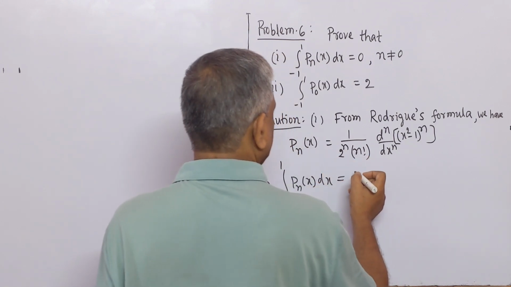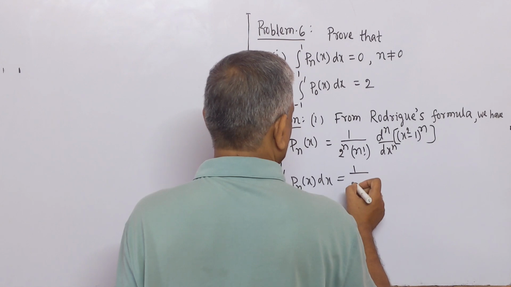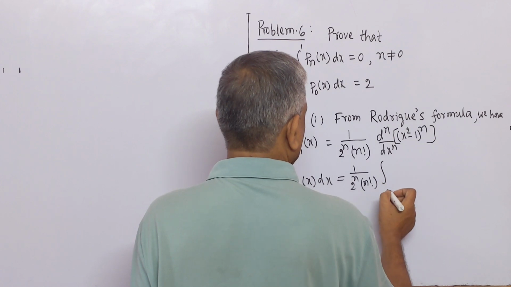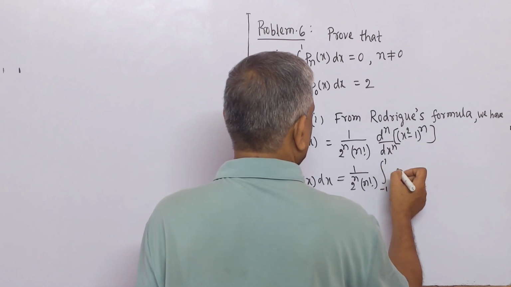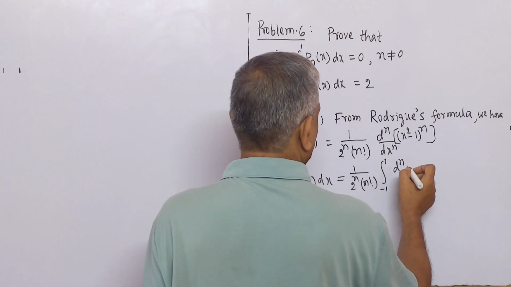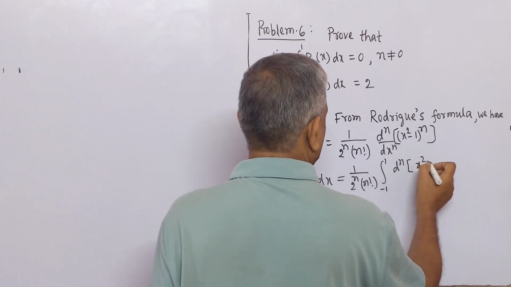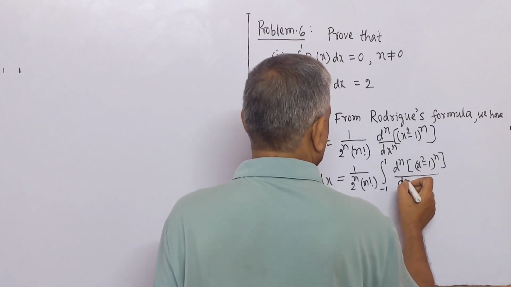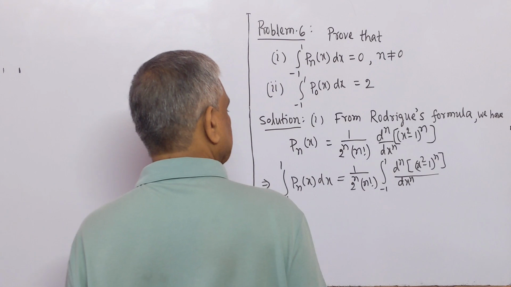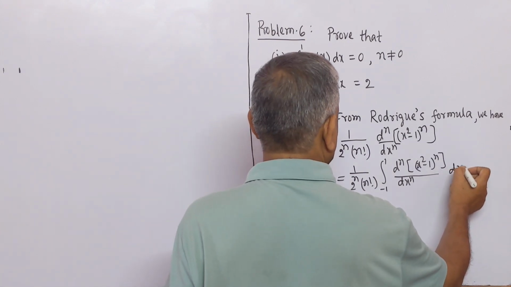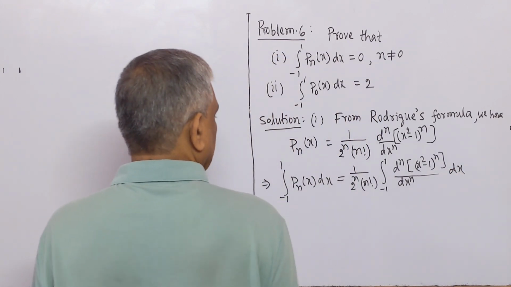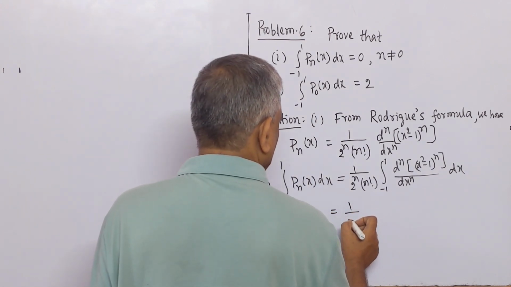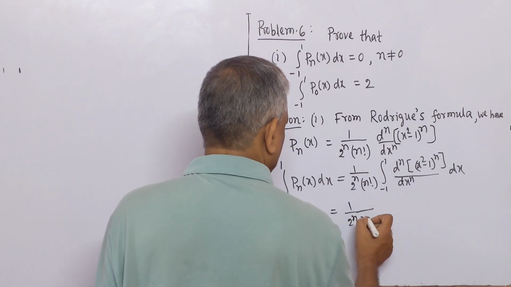We take this outside, 1 by 2 to the power n factorial n, integration from minus 1 to 1 of d^n (x square minus 1) whole to the power n by dx^n dx, and this will be equal to 1 by 2 to the power n multiplied by factorial n.